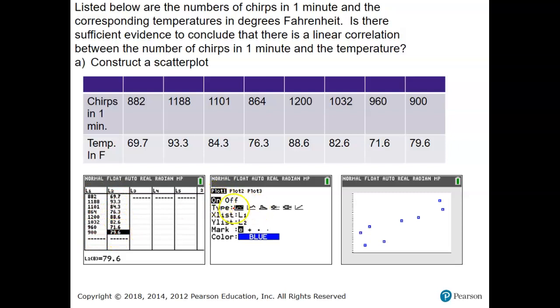We'll turn our plot on, choose the first graph, and make sure we have it set up. Then we see a graph that looks like this. It does look like there is a linear correlation there with a positive R value. It has a positive slope, so a positive R value.